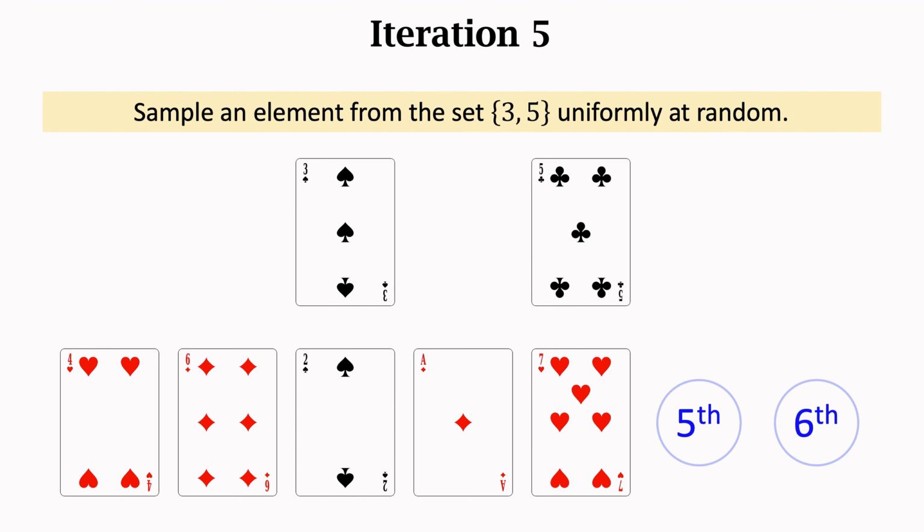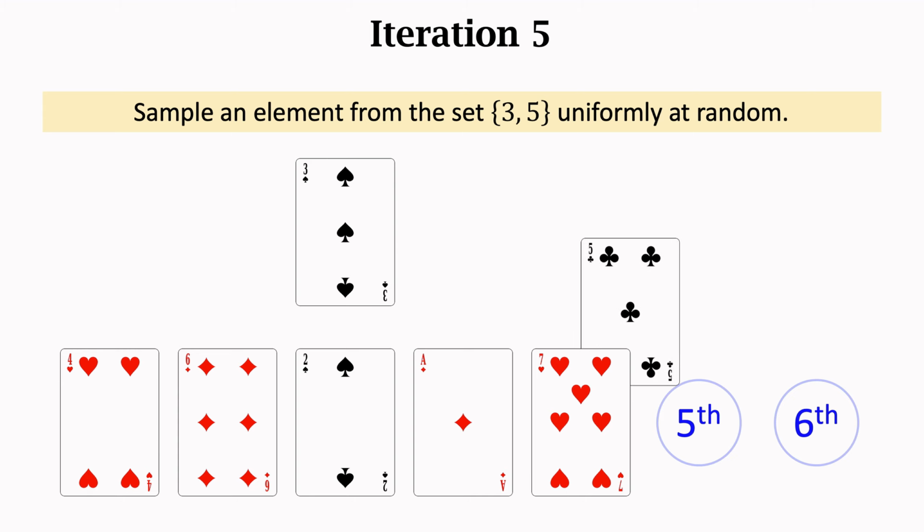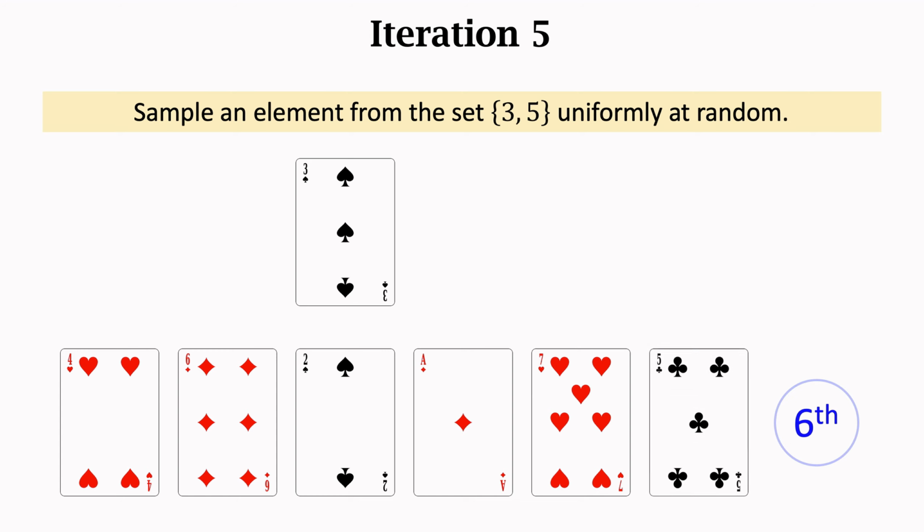Now, 2 cards are remaining. Perform another random sampling. Each card is sampled with probability 50%. We happen to get card 5. Move the card to the leftmost empty position. That is the 5th position.